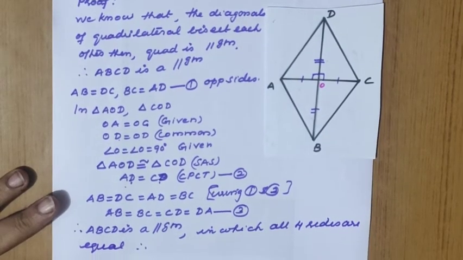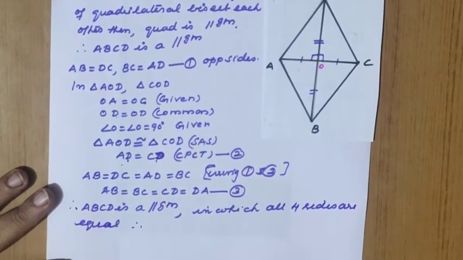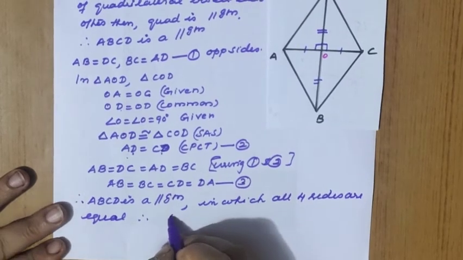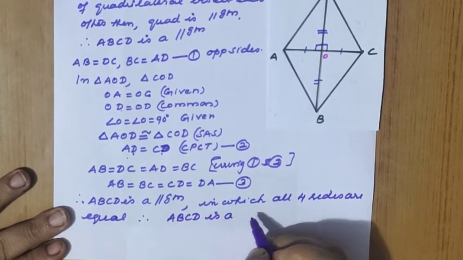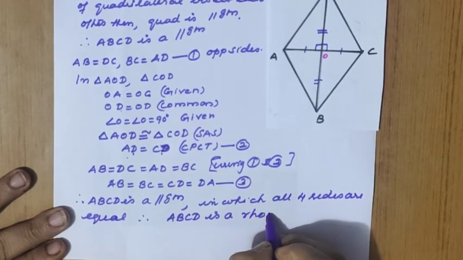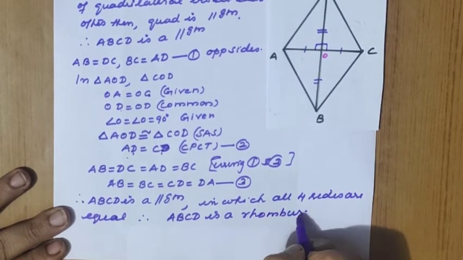Therefore, what is the conclusion? ABCD is a rhombus. Hence proved.